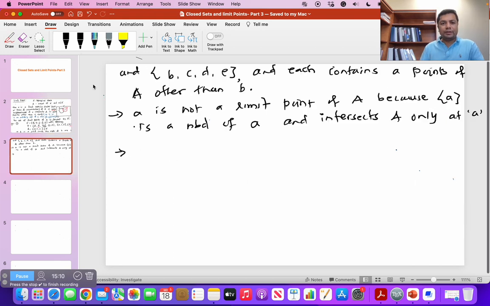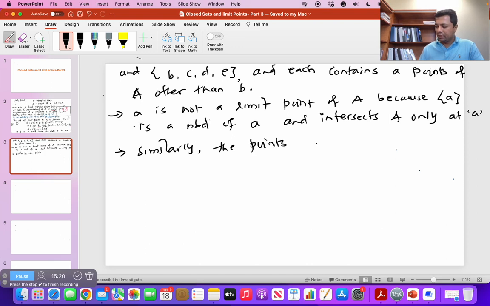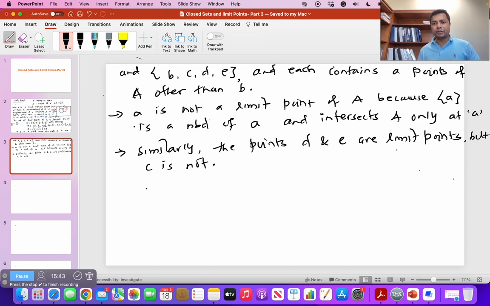Similarly, the points D and E are limit points, you can do the similar investigation, but C is not.